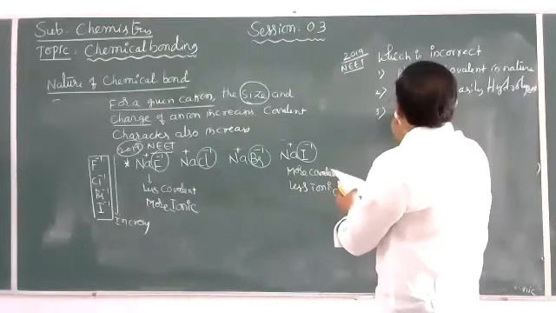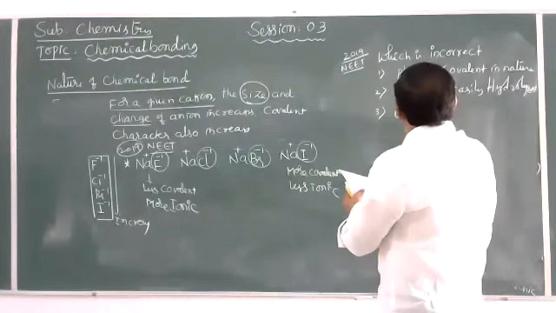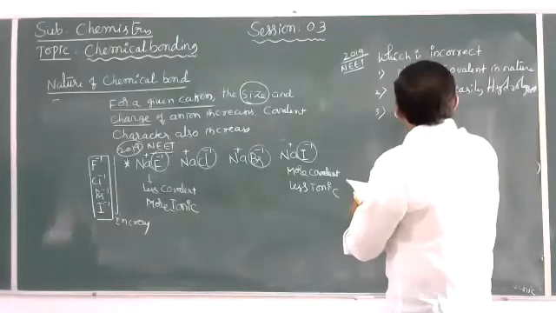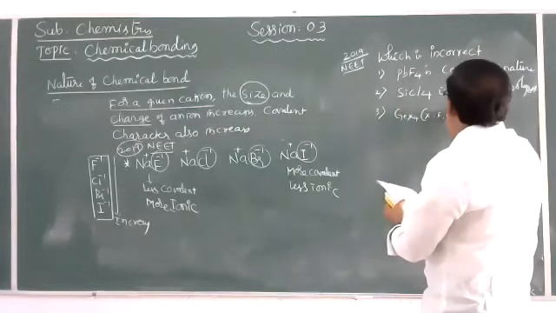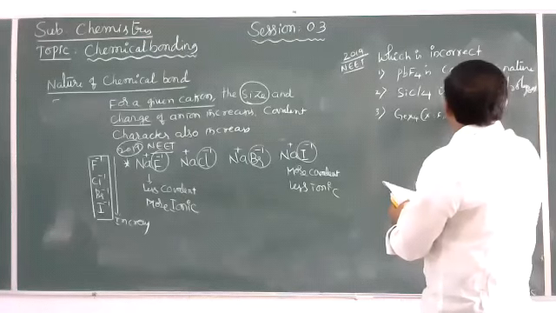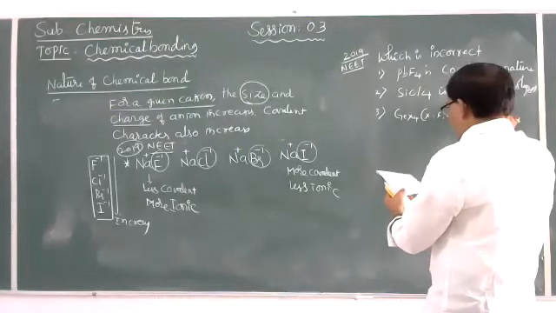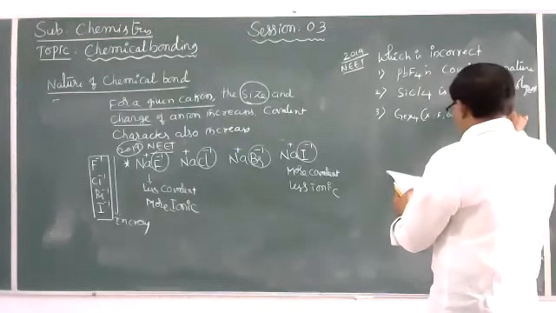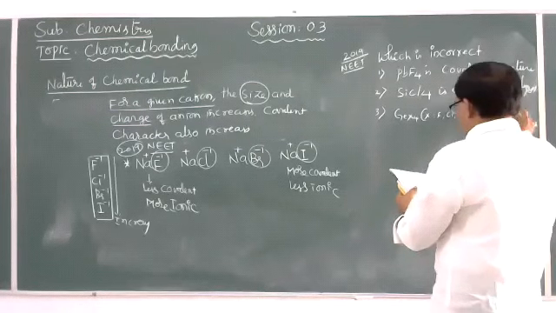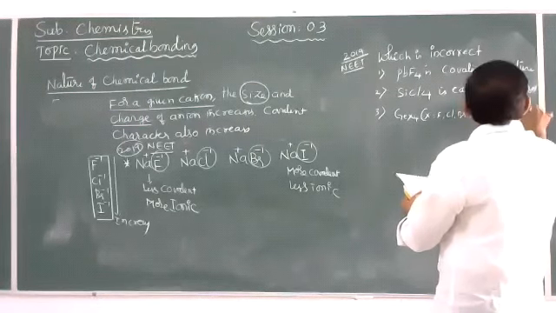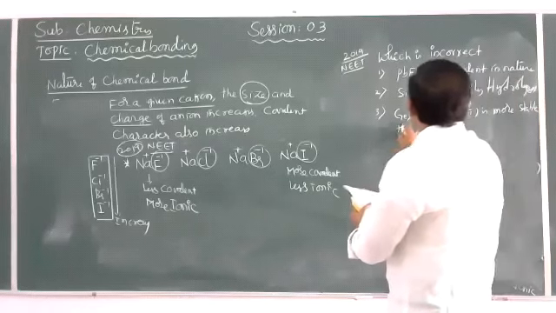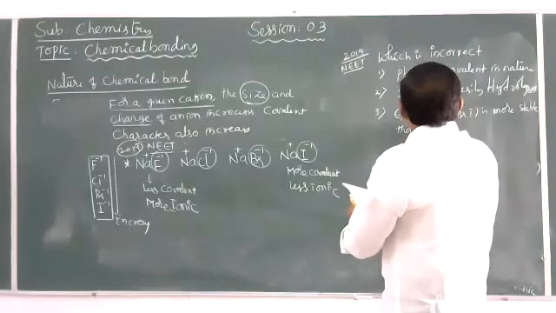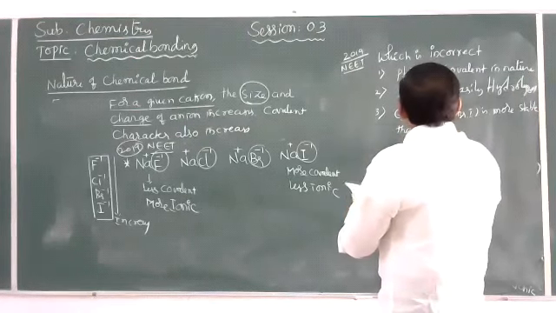Third one is GeX4, where X is fluorine, chlorine, bromine and iodine, is more stable than GeX2.